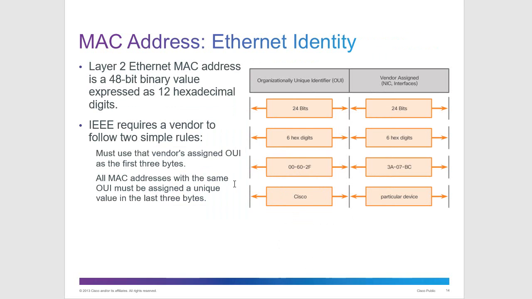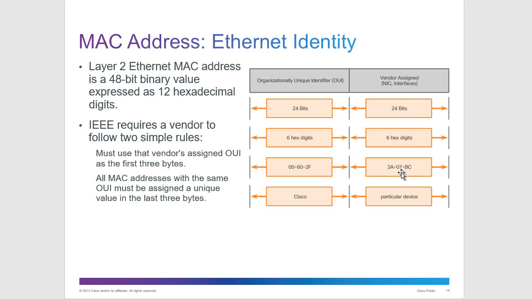Anyhow, you have 2 parts of your MAC address. You have your organizationally unique identifier, which is the first 6 digits or first 24 bits. Those are assigned by the IEEE to a vendor, and the vendor uses that for the products they manufacture. So their products will have this first set of 24 bits on a lot of their devices, and then they themselves will assign a value for the last 24 bits to identify each individual product they make.